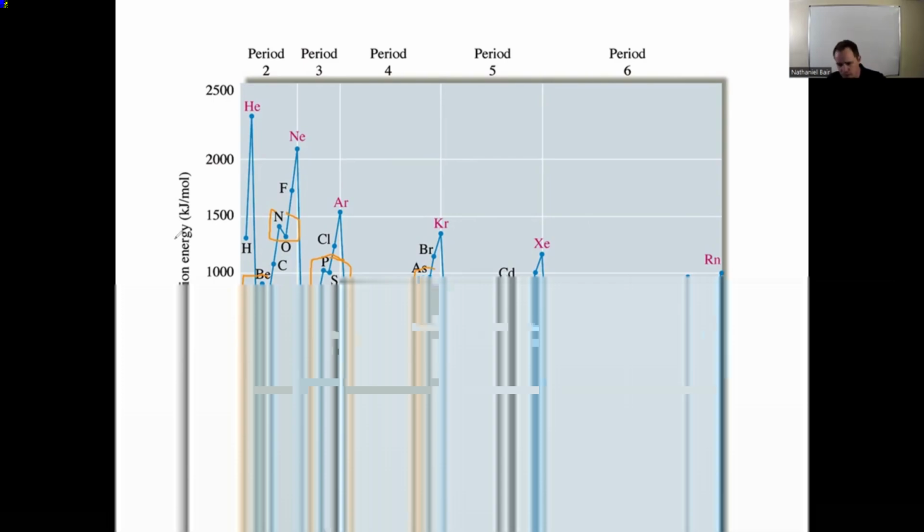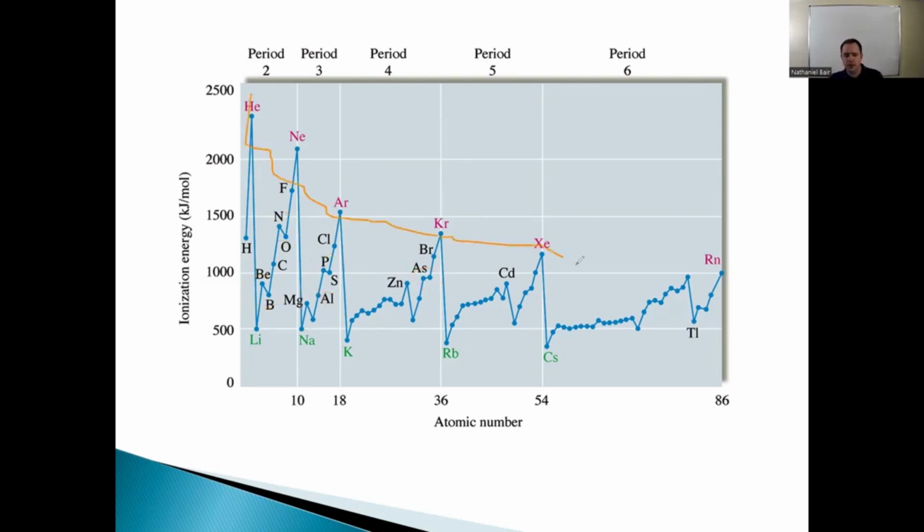The next thing I want you to see, though, is let's look at these relative maxima, a term I'm borrowing from calculus. Look at the highest points on the graph, and then let's look at the lowest points on the graph. What do we notice about the relative maxima and the relative minima?